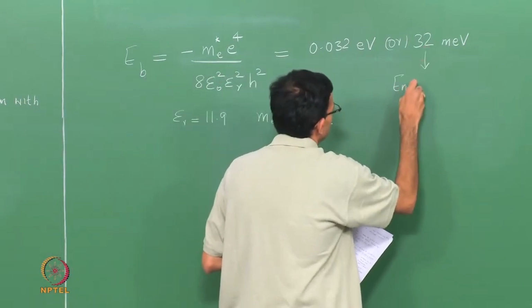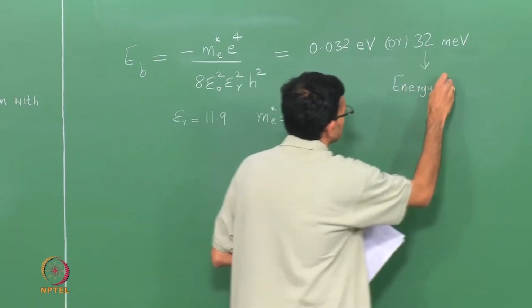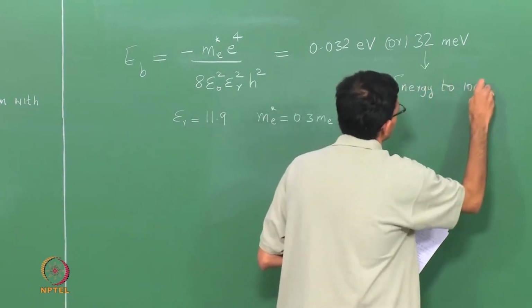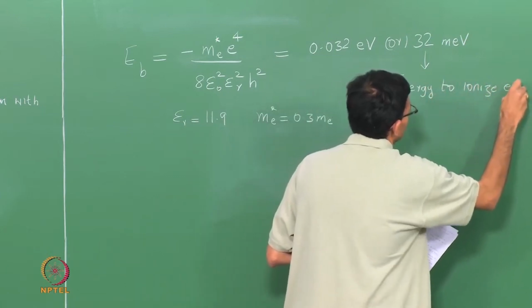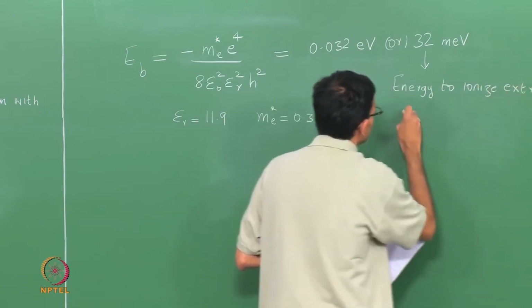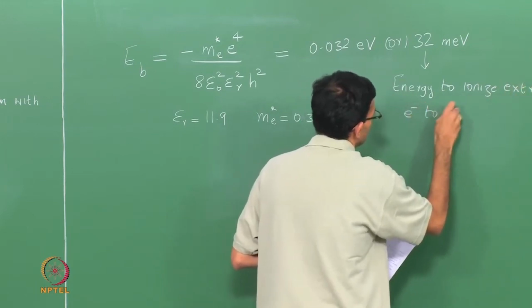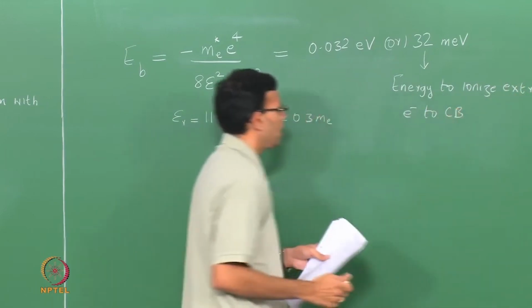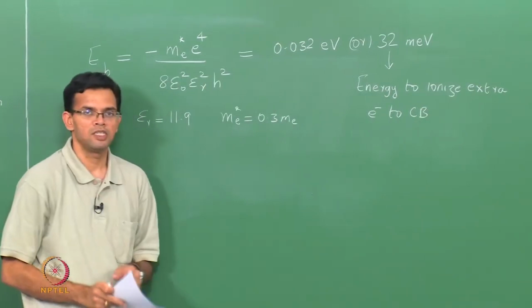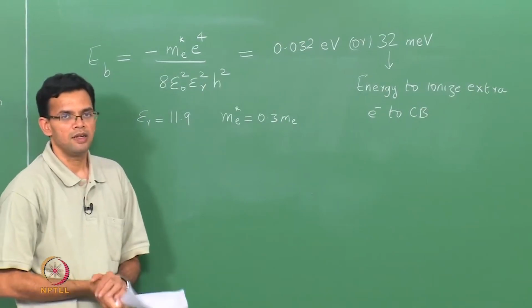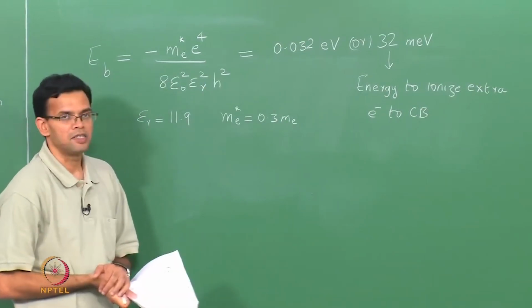The energy to ionize the extra electron, and we did this calculation by simplifying the system and taking it to be a hydrogen atom.